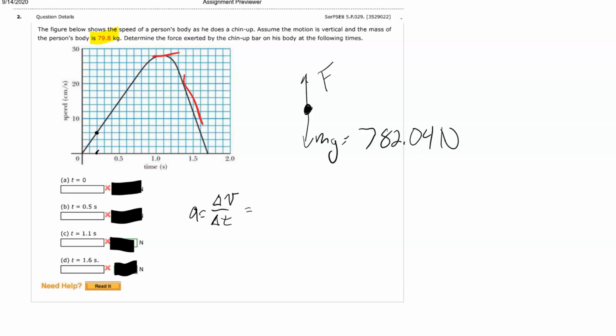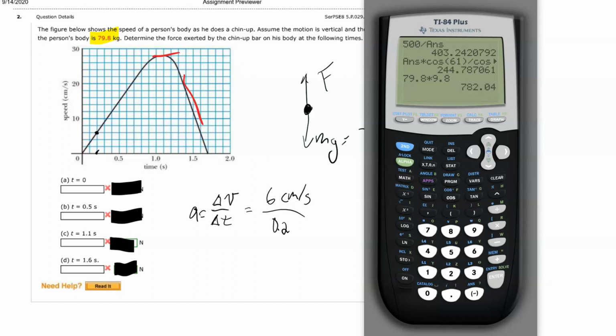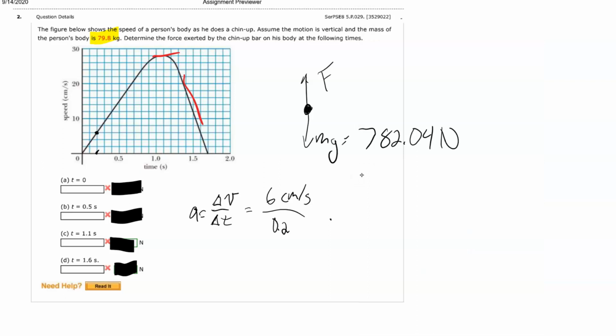So at the beginning, that's 6 centimeters per second over 0.2 seconds. It's actually 1/100th of 6 over 0.2, because this is in centimeters per second. So it's 0.3 meters per second squared from this graph.